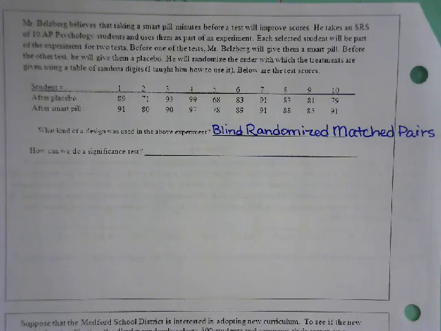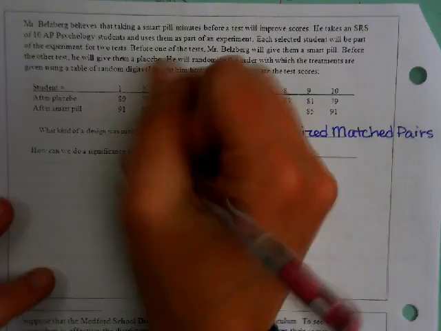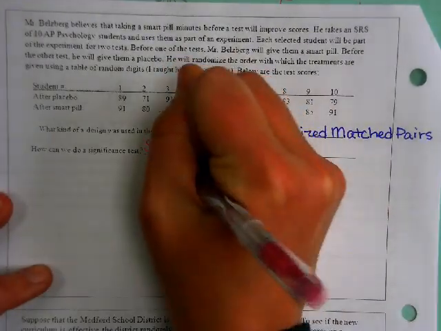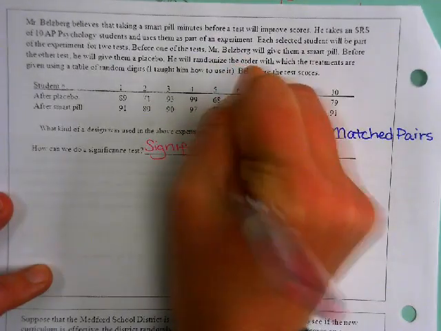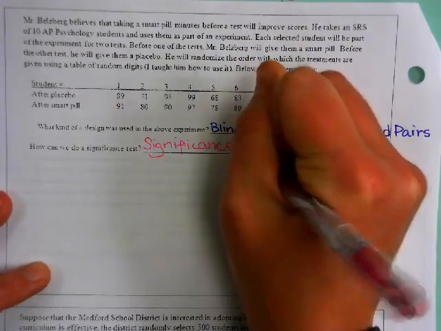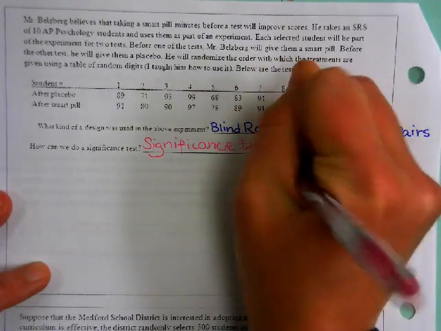What we have to do is look at the difference between their test scores and then see if there is statistical significance for the difference. So we're going to do a significance test on their difference. Test on differences.